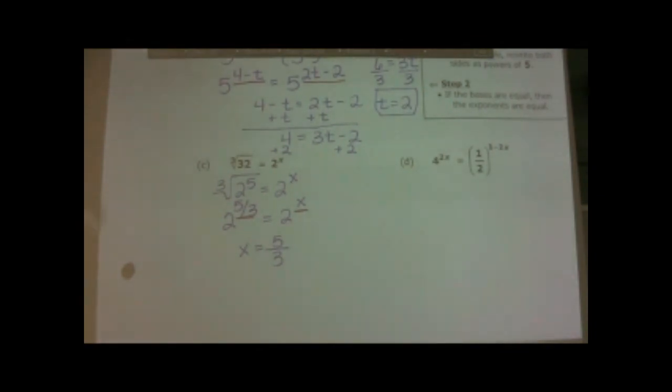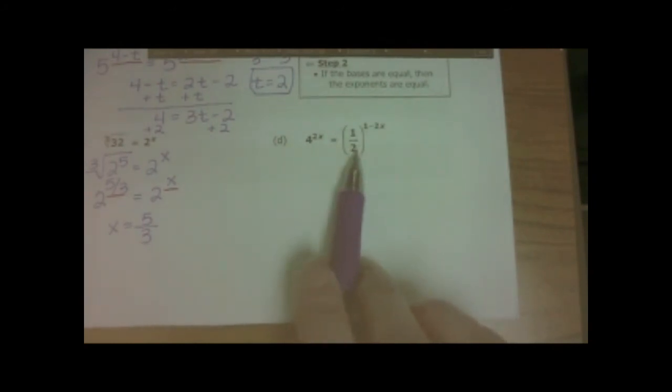All right, let's go to our last example here. And I have a 4 and I have a 2. Don't think of this as a 1/2. This is a 2. All right? So let's rewrite both sides with a base of 2. So I'm going to change the 4 to 2 squared. So this is 2 squared to the 2x power.